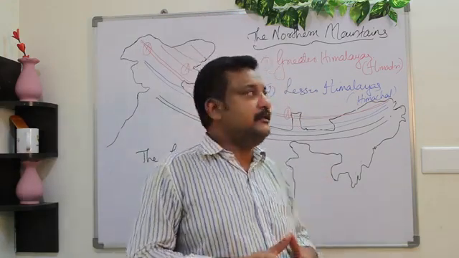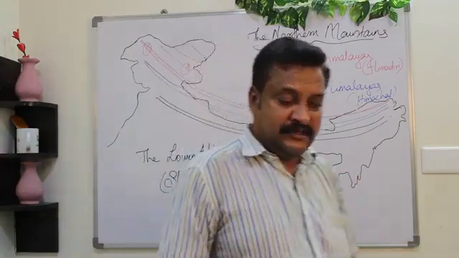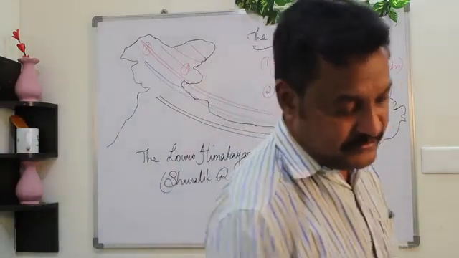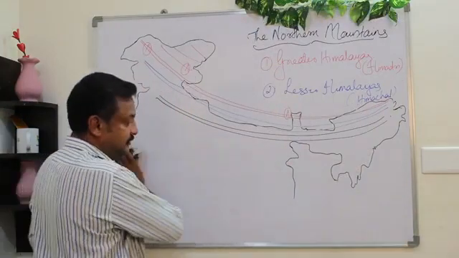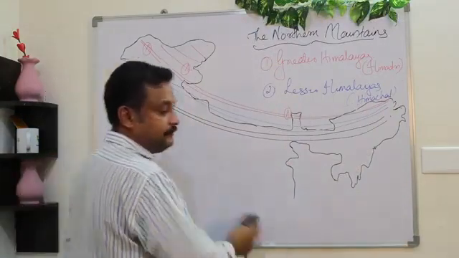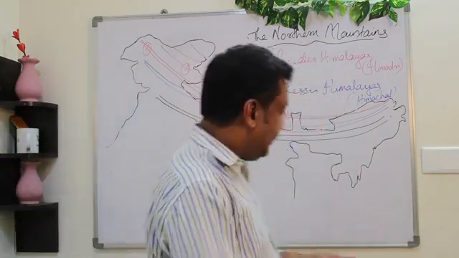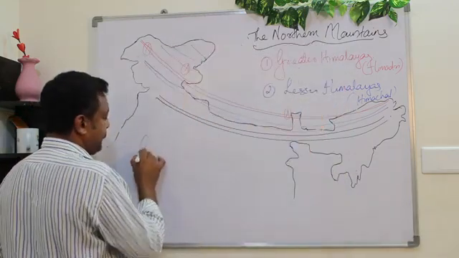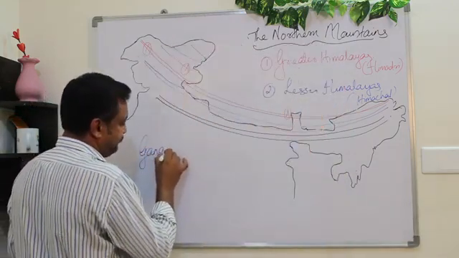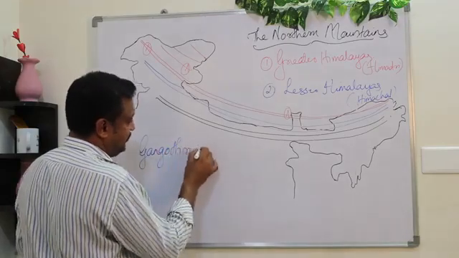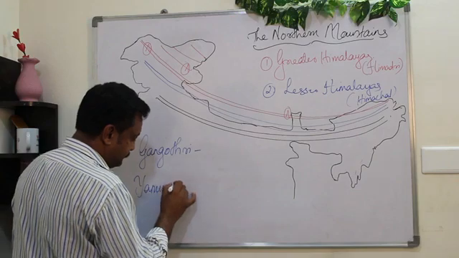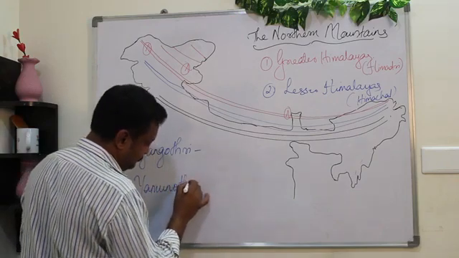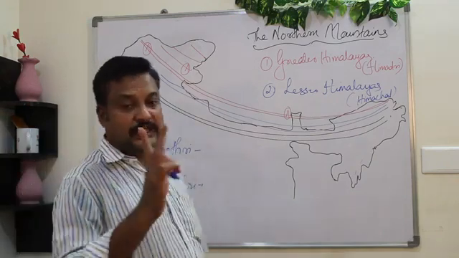For example, in Greater Himalayas, we have two glaciers. One is Gangotri, the second is Yamunotri. Okay, so Gangotri and Yamunotri are two glaciers.